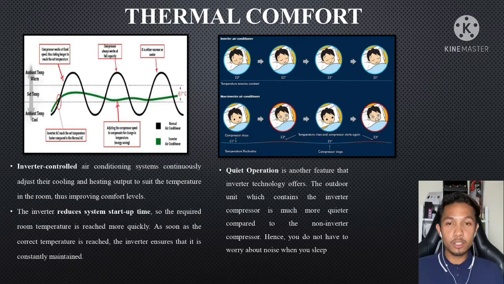The inverter reduces system startup time, so the required room temperature is reached more quickly. As soon as the correct temperature is reached, the inverter ensures that it is constantly maintained. In other words, the fluctuation of temperature is minimal compared to the on-off type of compressor. This provides a comfortable environment for the occupant at all times.